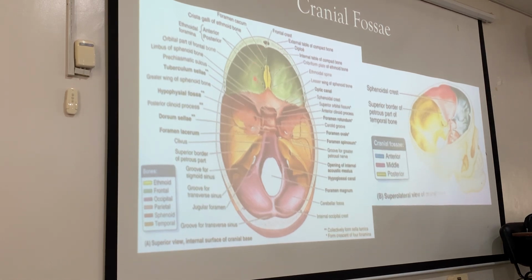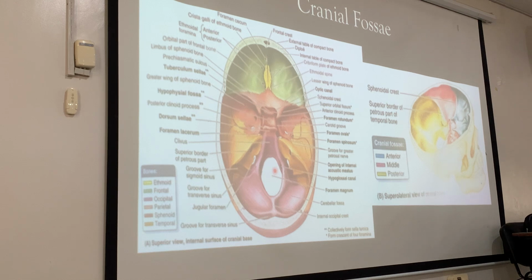So the anterior cranial fossa is colored green, and it supports the frontal lobe. The middle fossa is mostly colored red, and it supports the temporal lobe, while the posterior cranial fossa supports the cerebellum and the pons and the medulla. So anterior, middle, and posterior cranial fossa.